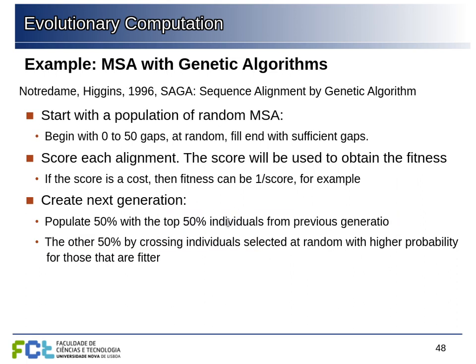So the top half of the population was copied into the next generation, and then the other half was filled in by selecting individuals at random and crossing them with each other. So each pair of individuals, we crossed the characteristics of those individuals. Now, this selection is at random, but it's not uniformly distributed.